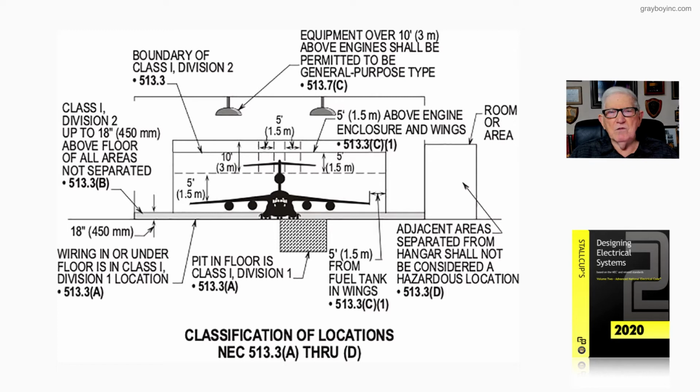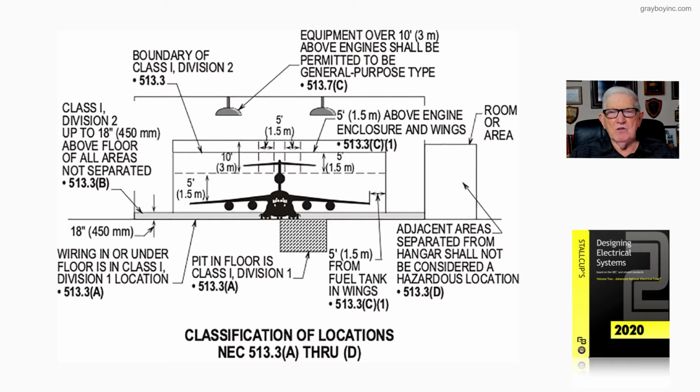Then next, you'd look at the 5 foot, and the 5 foot above any engine enclosure is going to be a classified area, usually Class 1 Division 2. Then you notice you have the 10-foot rule that's above the wing and engine, right around where the wing and the engine are.